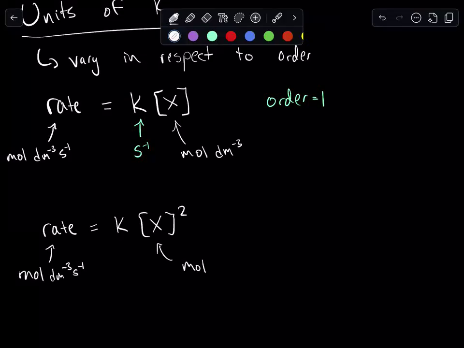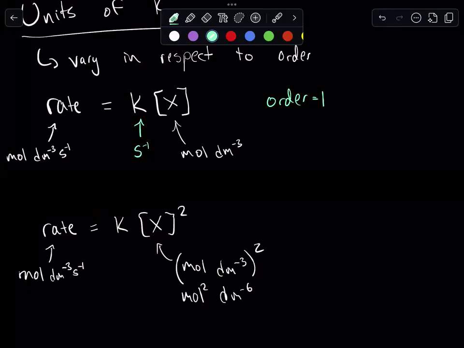So we have mol dm^-3, and that whole thing is squared, meaning we have mol^2 dm^-6. So in this case, you can use dimensional analysis, you can use a little bit of algebra, but we know that the units of k are equal to the units of the rate divided by the units of the concentration of X squared.